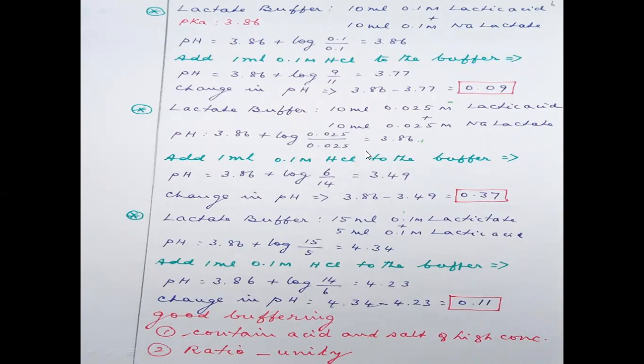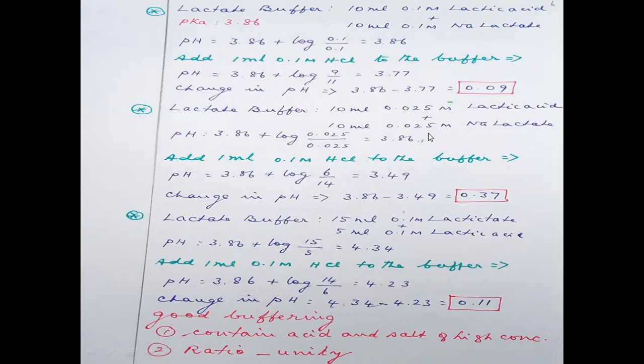Now I take the lactate buffer in a smaller concentration. 10 ml, 10 ml, keeping the volume constant, but the concentration is 0.025, 0.025. Even then the buffer pH is 3.86. But when you add 1 ml of 0.1 molar hydrochloric acid to the buffer, that is equivalent to 4 ml of sodium lactate.